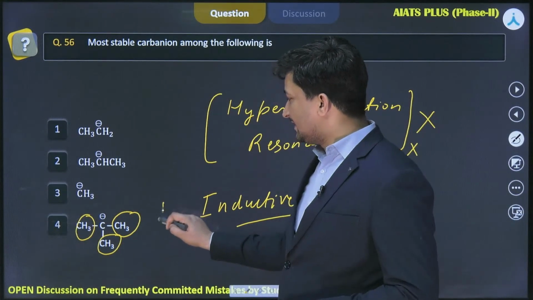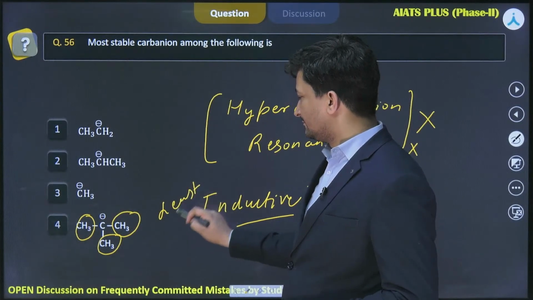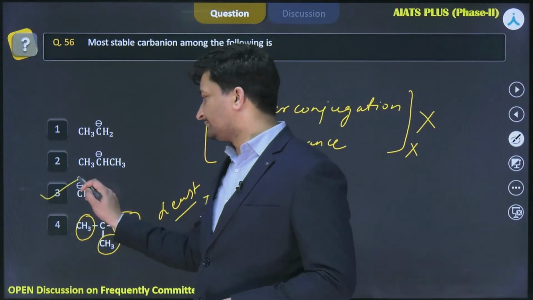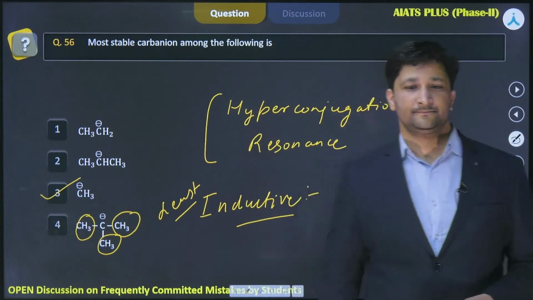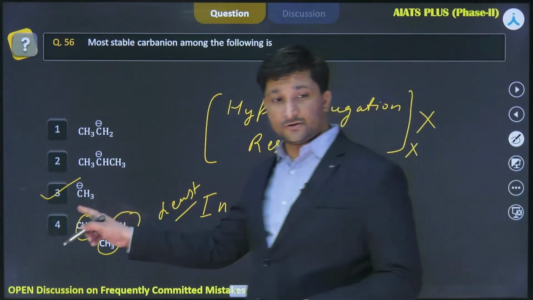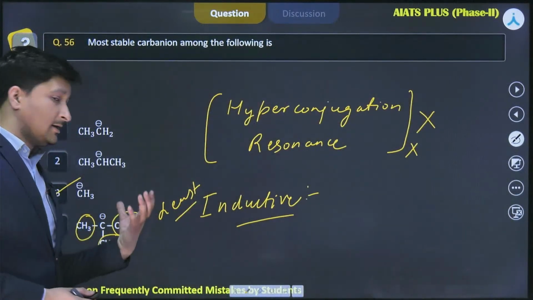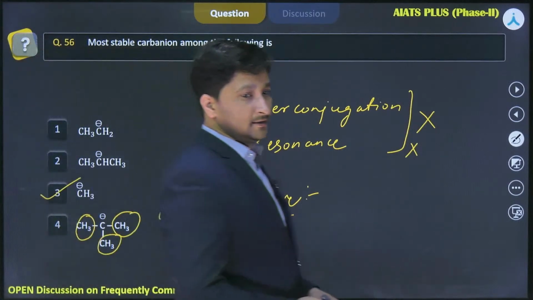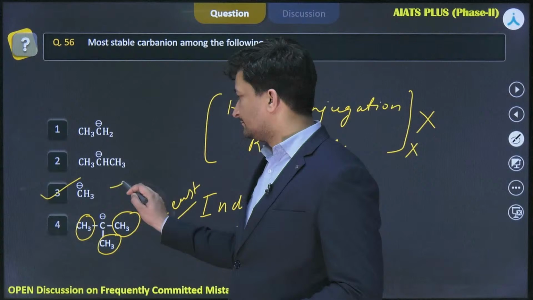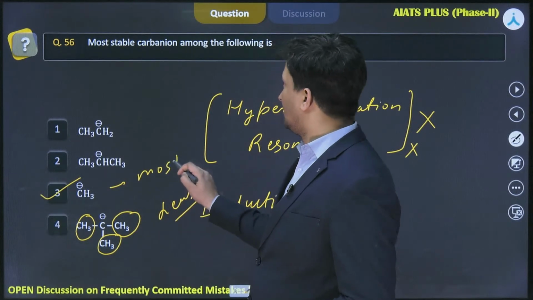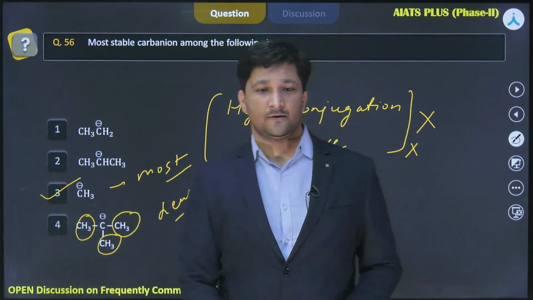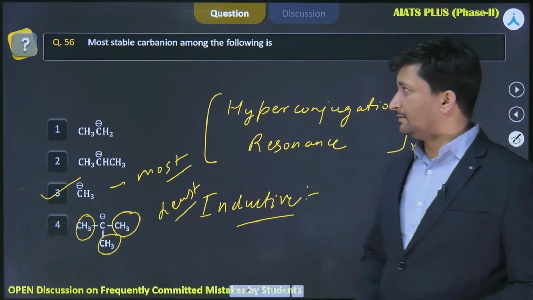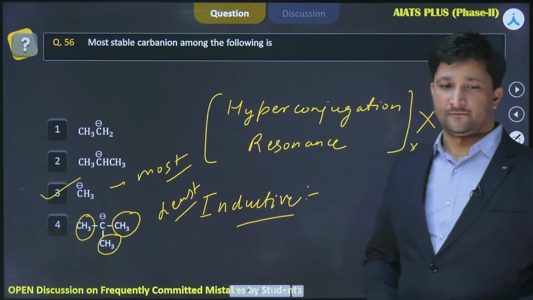So this one is the least stable. And maximum stability is for CH3 minus, because it has only hydrogen, no extra alkyl group to donate electrons or increase the negative charge. That's why this one is most stable, and this is the correct answer for our question. Exactly, yes. So that is the concept which you have to apply here.